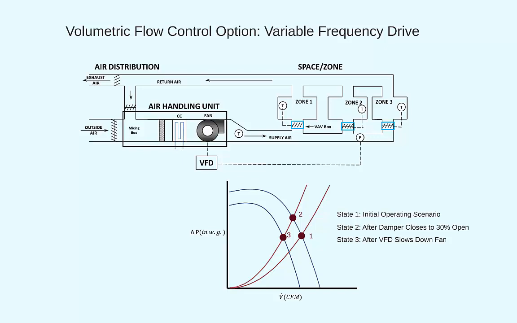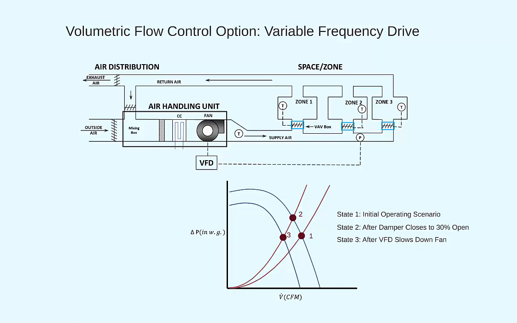As you can see, though each zone has its own individual control loop with a temperature sensor, controller, and VAV damper, and the fan has its own individual control loop, they all affect each other. Changing a VAV damper's position changes the system curve, which will subsequently change the pressure in the system. A change in system pressure will result in the VFD speeding up or slowing down the fan, which effectively changes the fan curve.